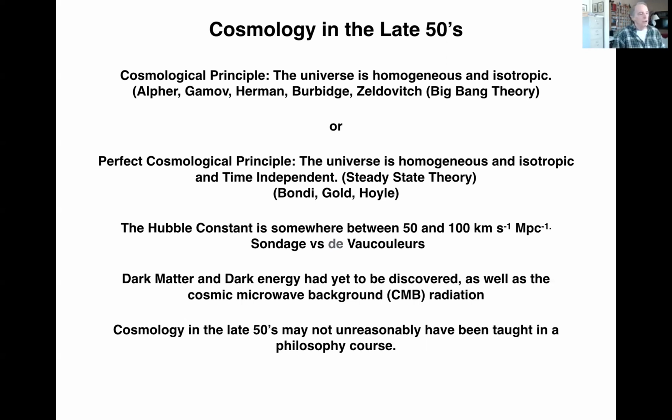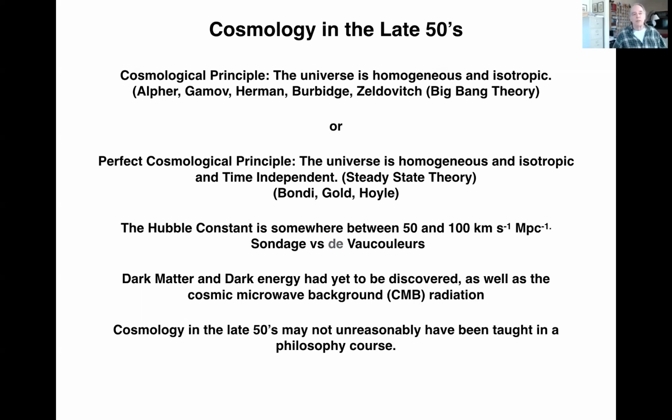And there was an alternative picture of the universe, based on the so-called perfect cosmological principle, that the universe is homogeneous and isotropic, like the cosmological principle, but in addition, it was time independent. So to reconcile with the fact that the universe is expanding, they had to postulate that matter was being continuously created to make up for the fact that it was being diluted by the expansion.